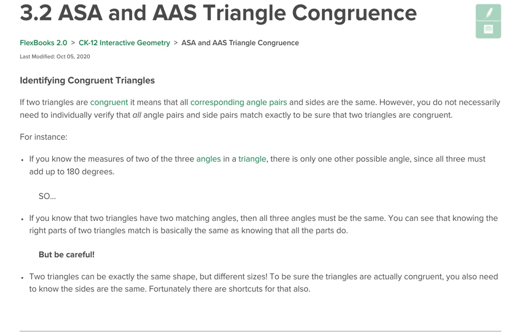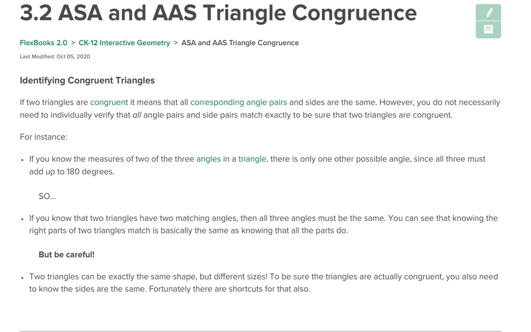You don't necessarily need to individually verify that all angle pairs and sides match exactly to be sure that two triangles are congruent. So here's the cool thing. We can deduce some things using our logic, and we can get a few shortcuts.